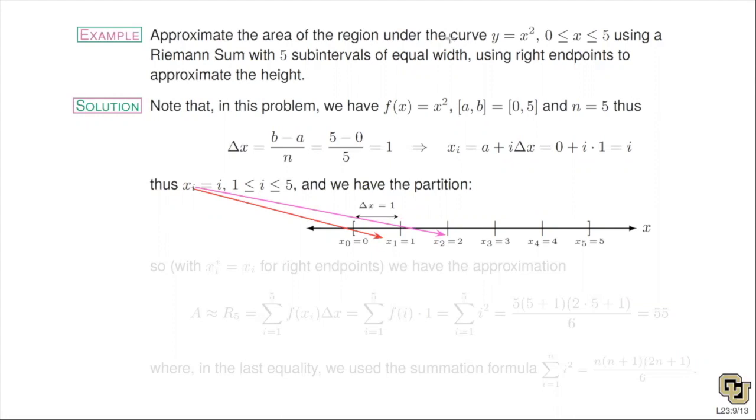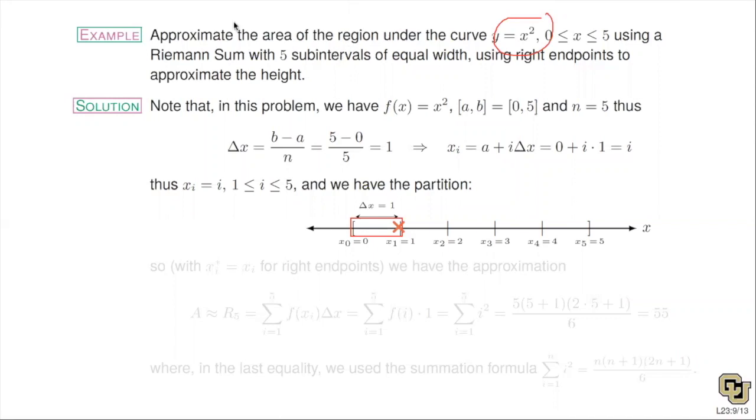And now I can go ahead and do the procedure. What's the procedure? Well, from the first subinterval, use the right endpoint, the y value at the right endpoint. So my area of my first subrectangle is going to be f of 1 times 1, where f is this function here, x squared.